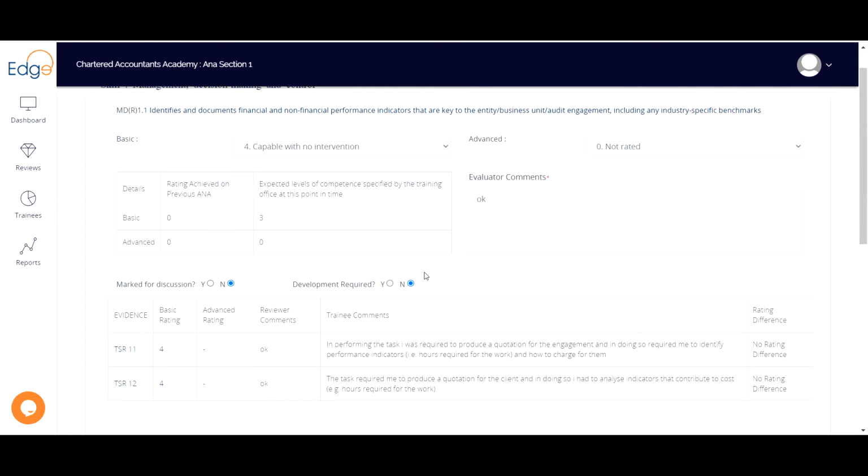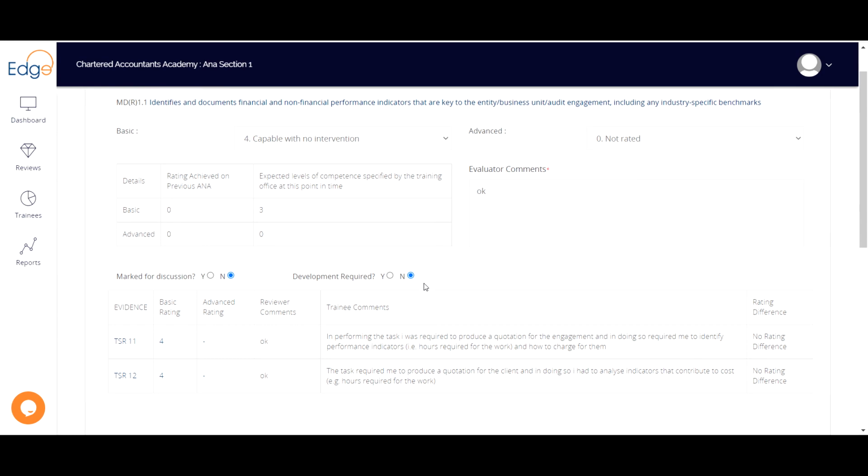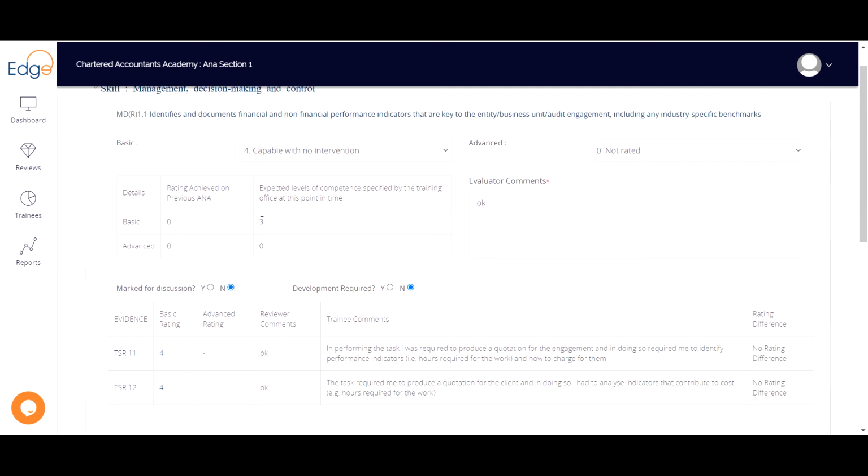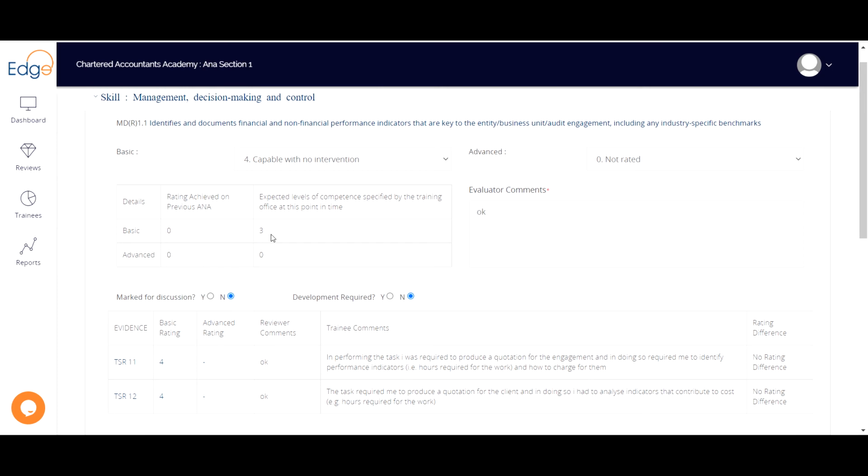Right. So for this one, you can see this is a residual skill. Right, and the expected levels of proficiency or rating are 3 basic for this trainee at this ANA stage or at this ANA period. Right, so they're expected to be at a 3.